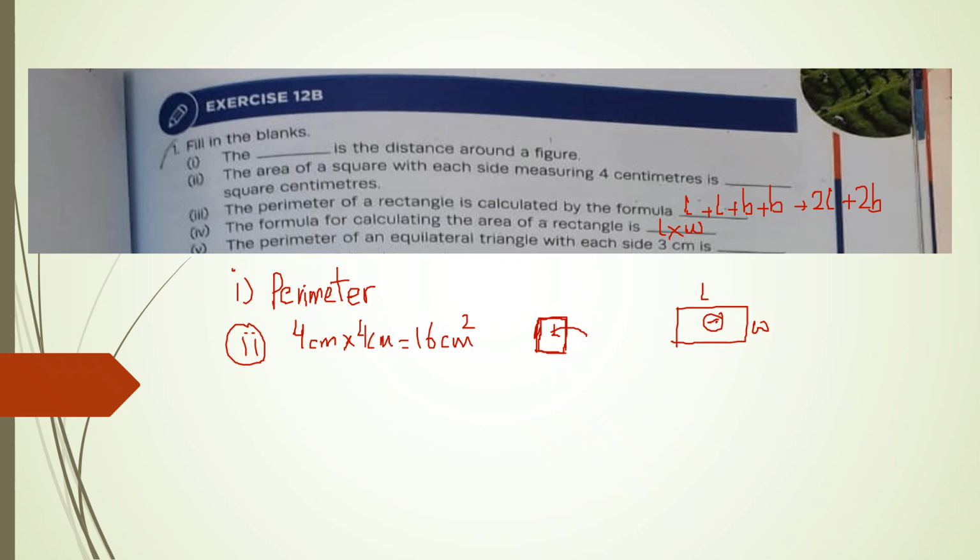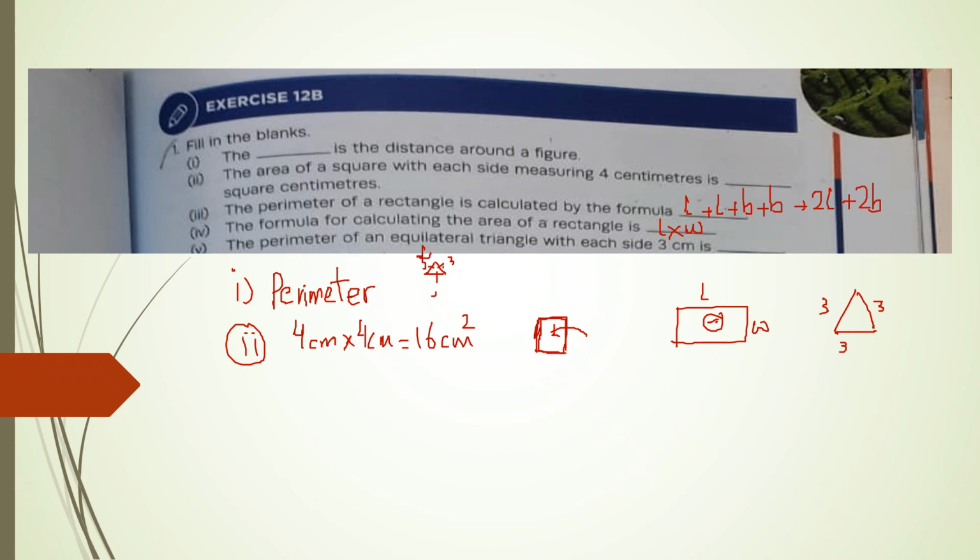Now coming to part 5, the perimeter of an equilateral triangle with each side 3 centimeters is. See, it's an equilateral triangle. Equilateral, as the name suggests, is a triangle that has all the sides equal. For example, if this is 3, this will also be 3, this will also be 3.